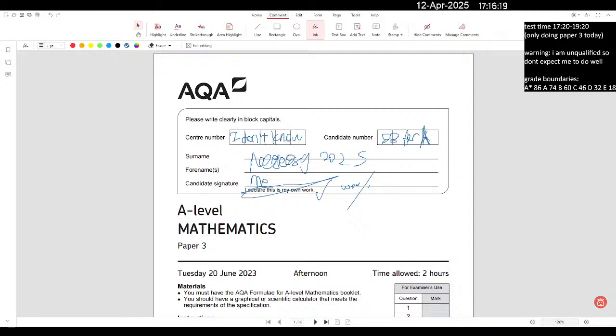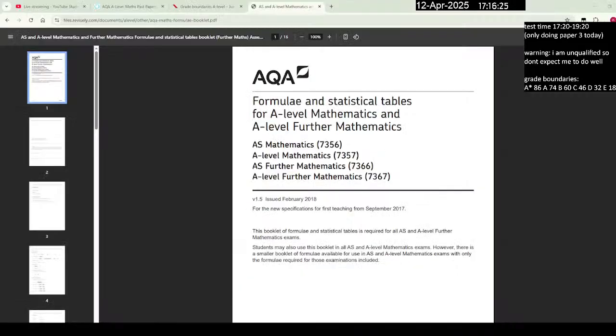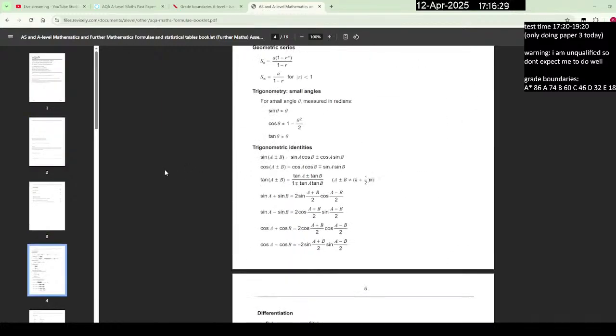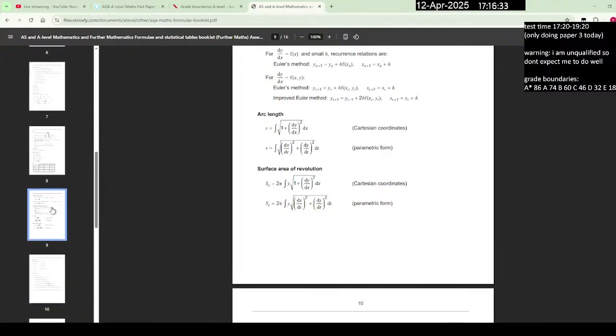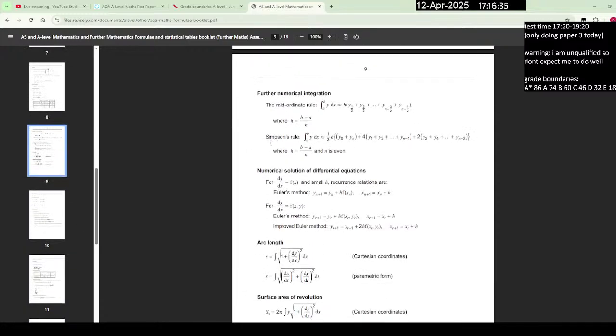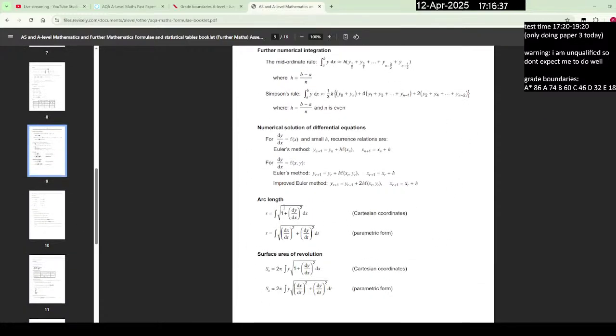Alright, so let's see. I have the formula list here. As you can see, I have the formula list here. I can refer to this at any time while I'm doing this. Is this even needed for normal A-level math or just further math?